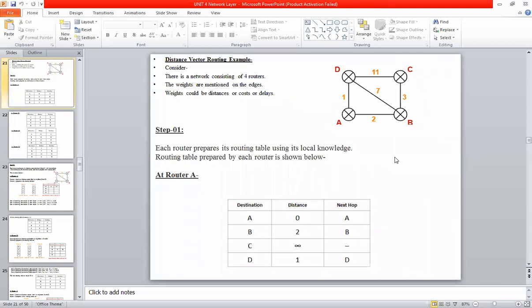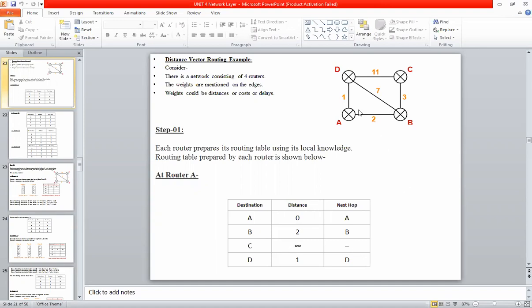A is directly connected to router B and to router D. Is there any direct link from A to C? No, there is no direct connection between A and C. So that distance will be considered as infinity, and I have to update infinity in that table.